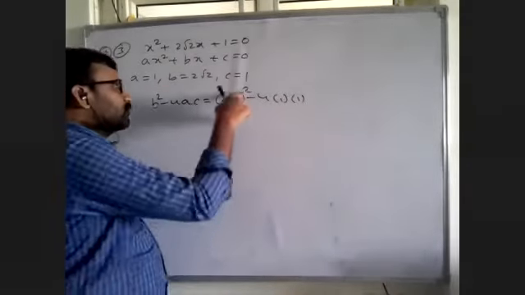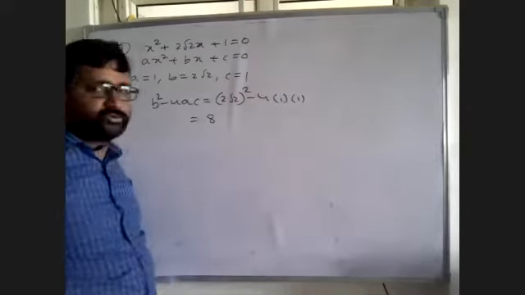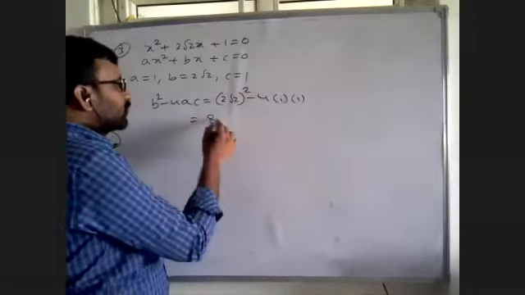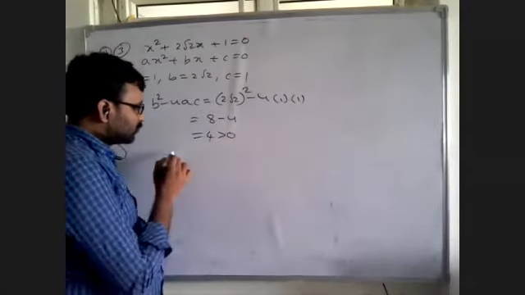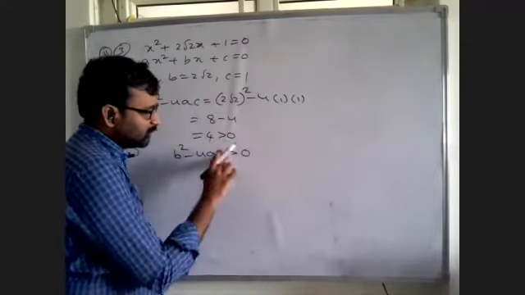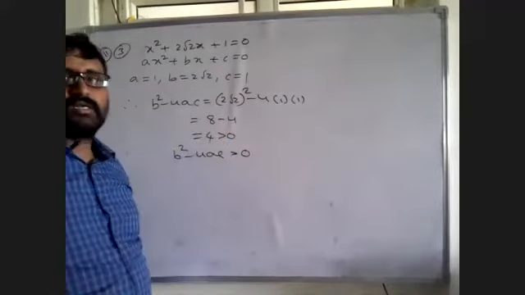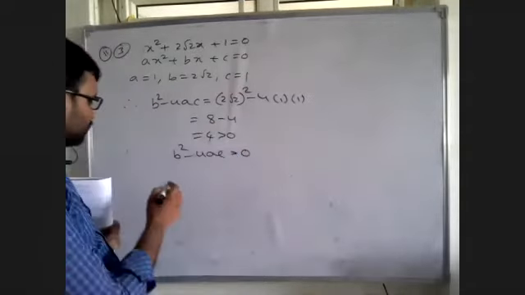Here 2 root 2 whole square is clearly 8. Why? Because 2 square is 4, root 2 whole square is 2. So 8 minus 4 is equal to 4, which is greater than 0. So b square minus 4ac is greater than 0 means the roots are real and distinct.